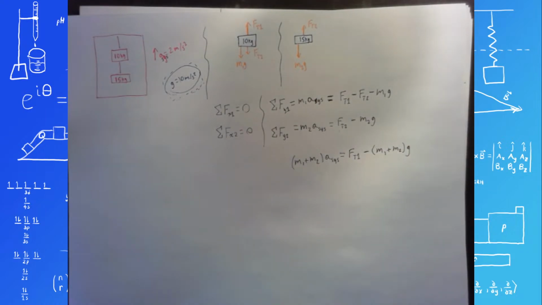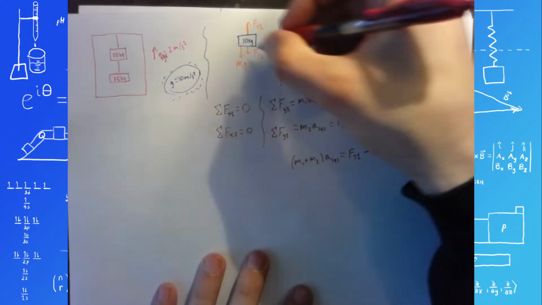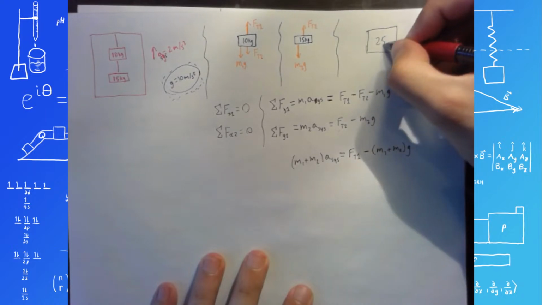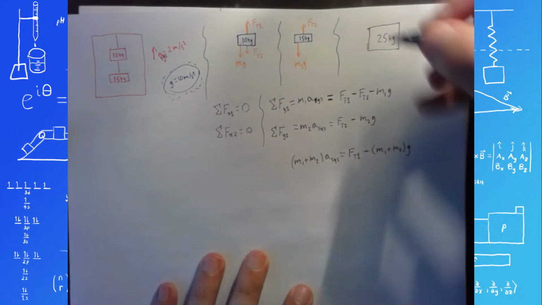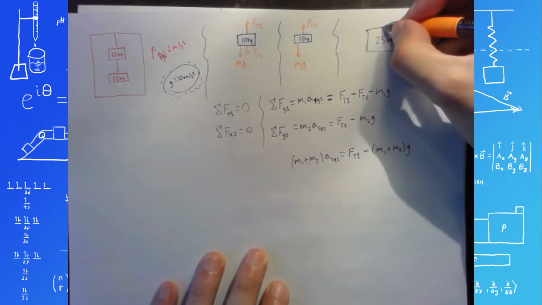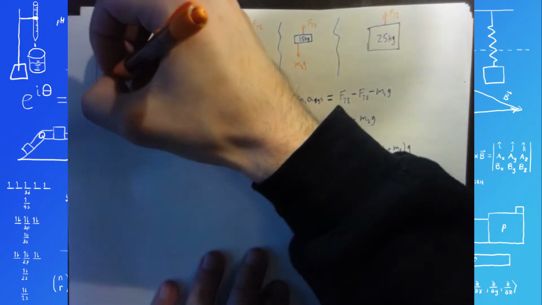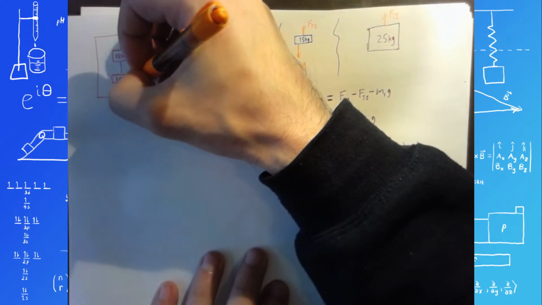Okay, if we write it this way, we can see more of what I was saying about this whole systems thinking, where if I were to draw an equivalent object that is 25 kilograms, this is just M1 plus M2. This is the mass of the system. And then tension 1 would just be an external force acting on, well, let me draw a dotted line outlining where our system begins and ends.